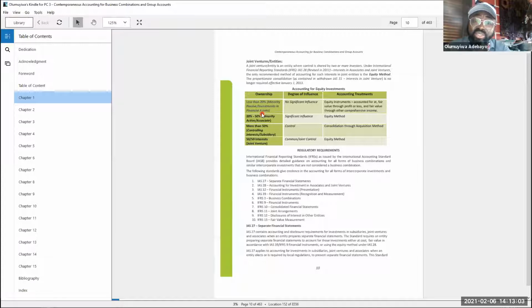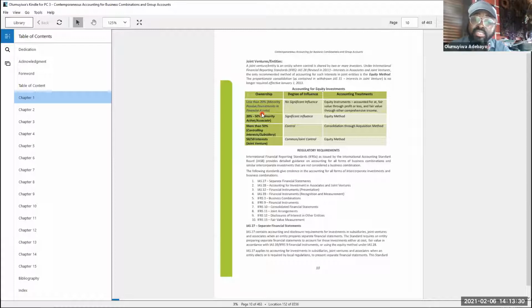In that situation, we call it a minority passive investment. Okay, and such can be measured in line with the requirement of IFRS 9, which deals with financial instruments. The categories can either fall as fair value through profit or loss or fair value through other comprehensive income. Later on in this workshop, we will discuss extensively financial instruments.